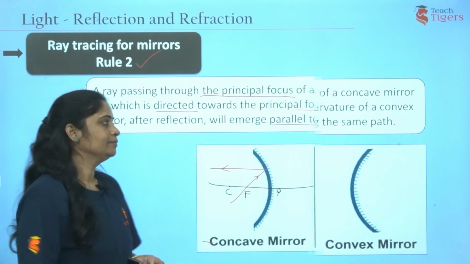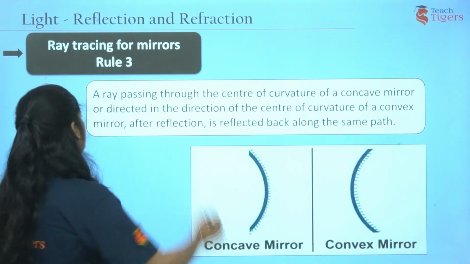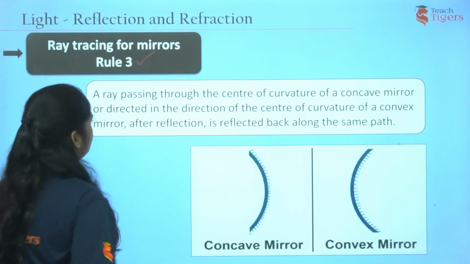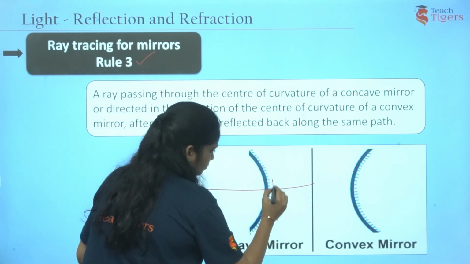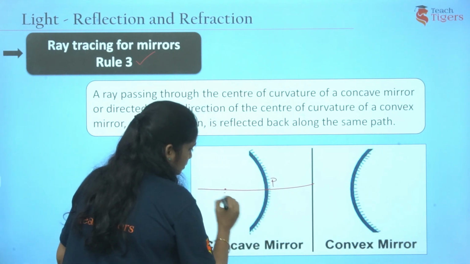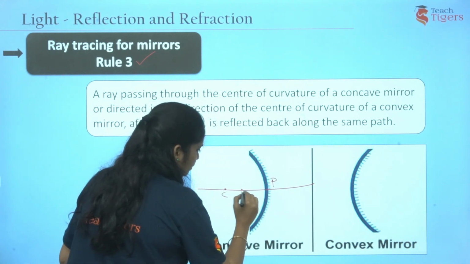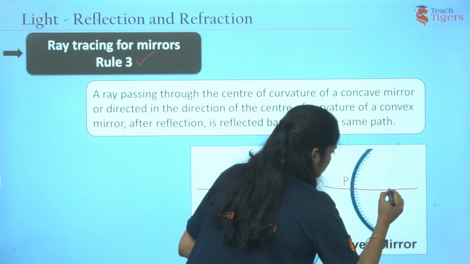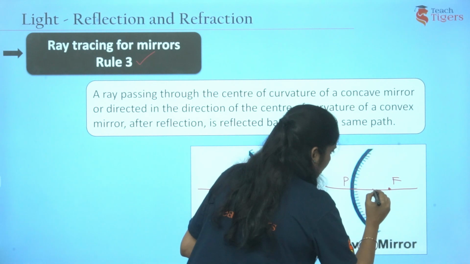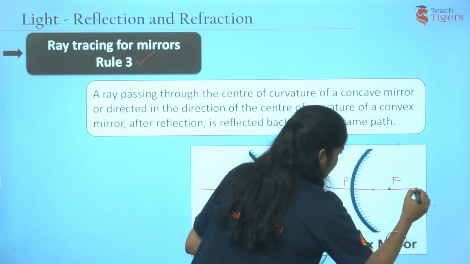Next let us see rule 3. So what is rule 3? This is pole, center of curvature, focus. The same way this is pole, focus and center of curvature.